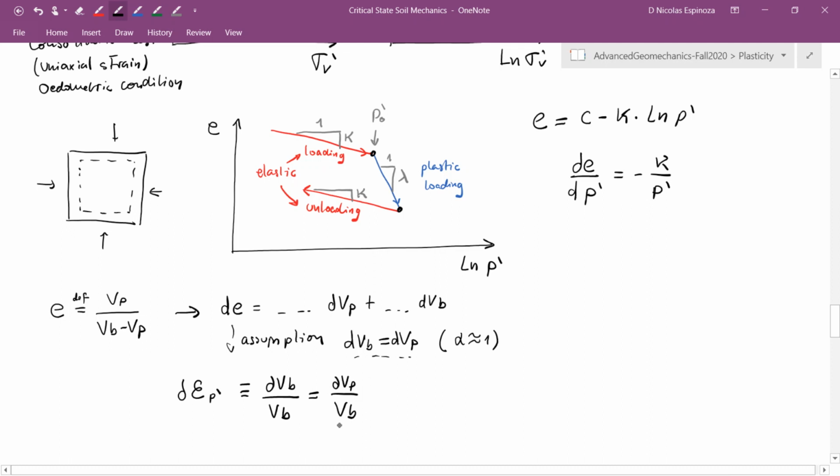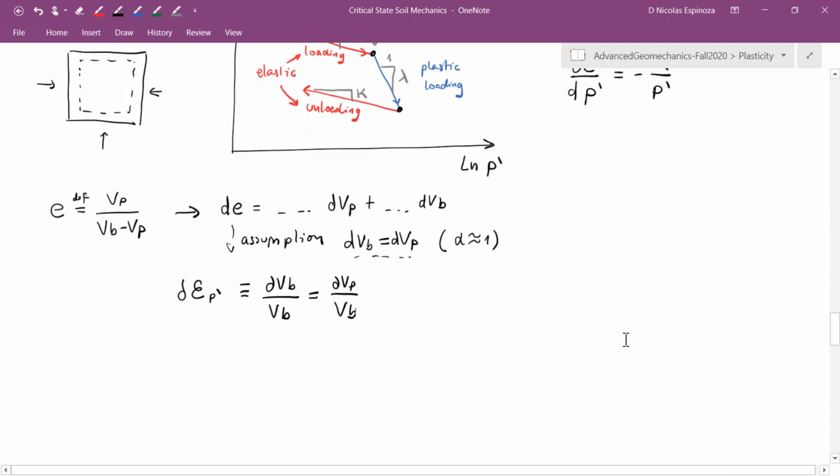All right, so with this equation now, I can go ahead and write, combining what I have developed before and considering this assumption, that the change in the void ratio is going to be equal to negative 1 plus the void ratio times the plastic volumetric strain.